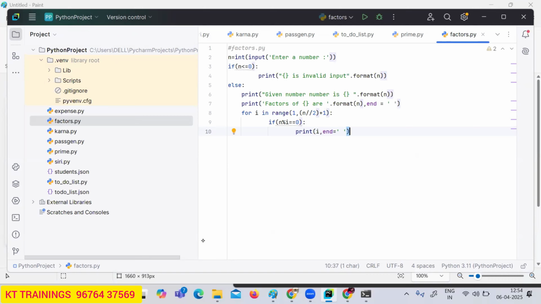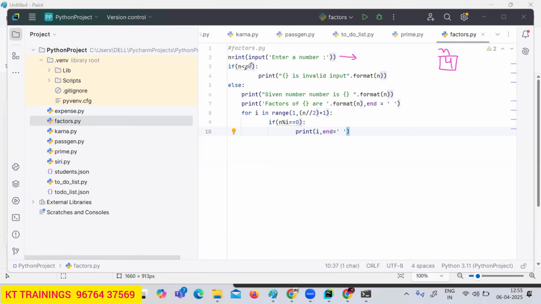This is the program. As part of the first line, what am I taking? Input of enter a number. Suppose you are entering 4, n has 4.